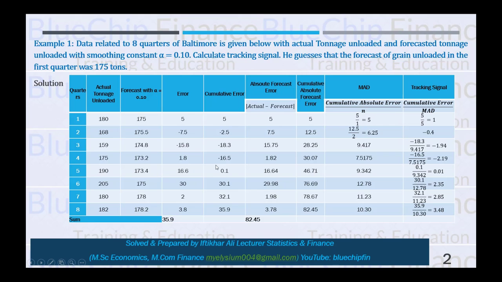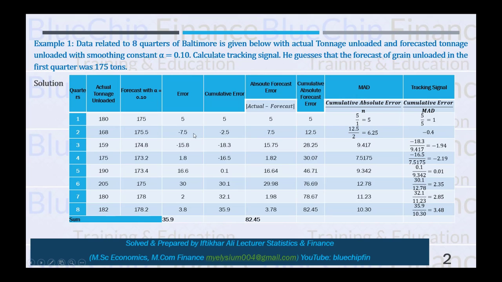In the third step we calculate the absolute forecast error. What is the difference between absolute forecast error and simply error? When we ignore the minus sign from the calculation of error, that is actually the absolute forecast error.